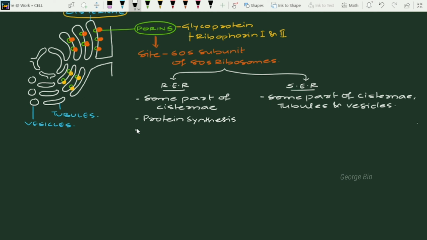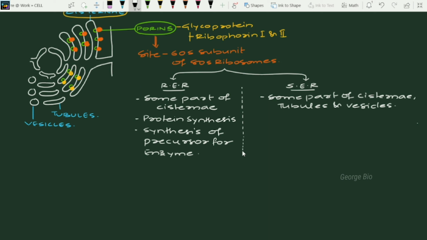So if a question is given, what is the type of endoplasmic reticulum responsible for the synthesis of precursors of enzymes? That is rough endoplasmic reticulum. It helps in the synthesis of precursors for enzyme synthesis.